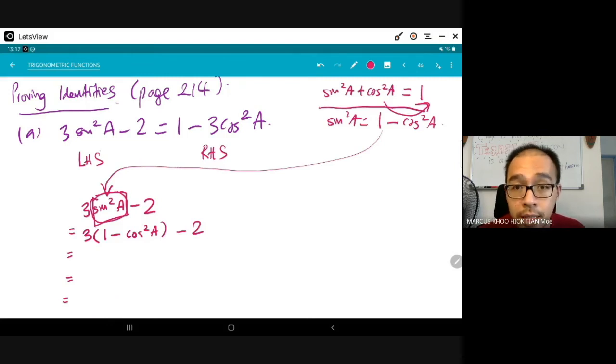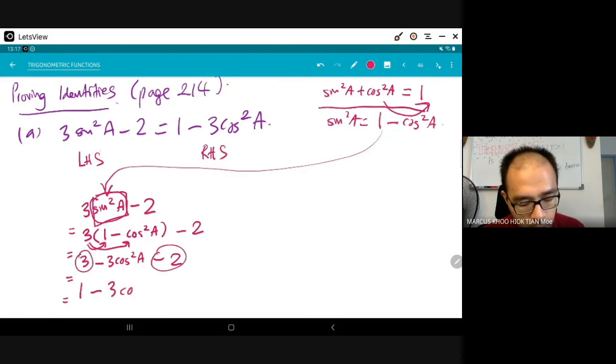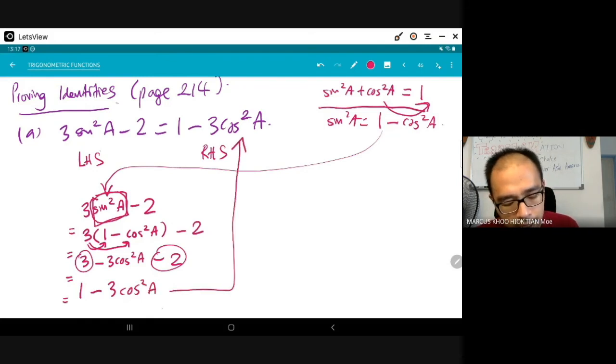Then after that, it's all basic algebra. 3 times 1 is 3. 3 times negative cos squared A is minus 3 cos squared A, minus 2. And then what do we do with this? 3 minus 2 is 1. Minus 3 cos squared A, which is the right hand side.